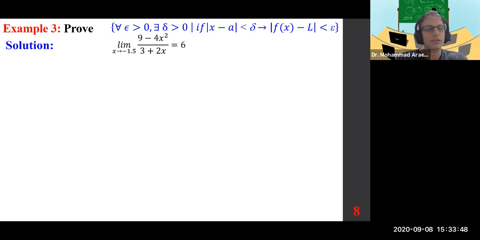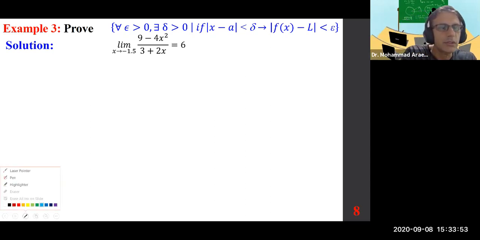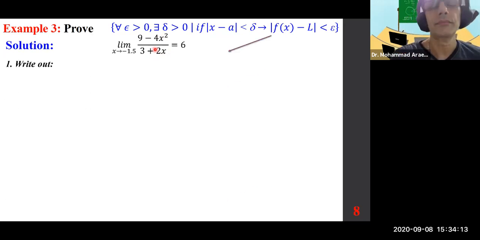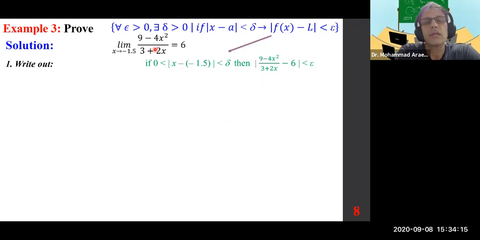So let us write this, and then this, where a is negative 1.5, and here's your f of x. Let's do the write-out. x minus negative 1.5 means x plus 1.5.